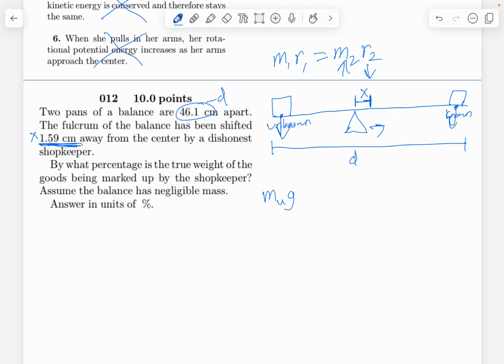And then the r, normally it would be the center of mass, but now we move the fulcrum so that it's over here. Maybe I'll do it in a different color, in red. So right here is d over 2, so the distance away from the fulcrum is d over 2 plus x.